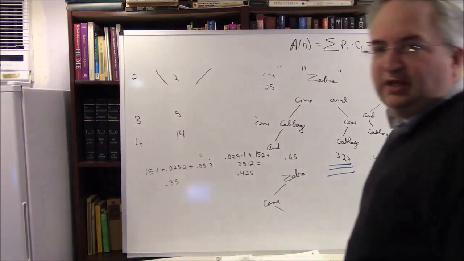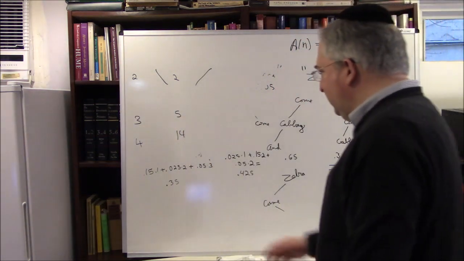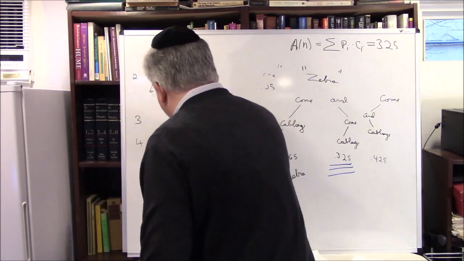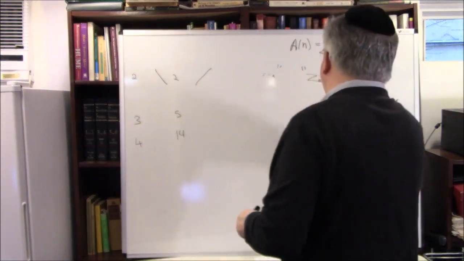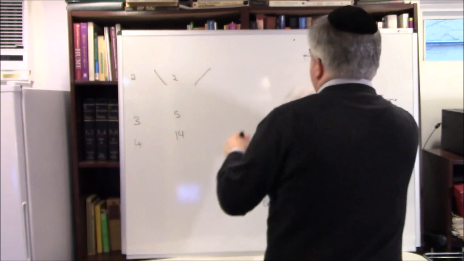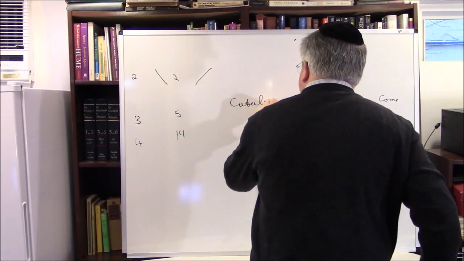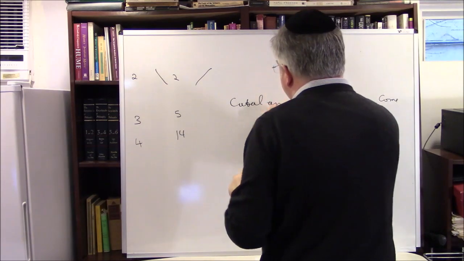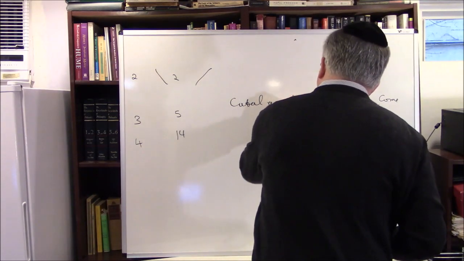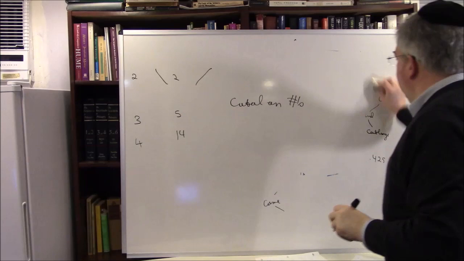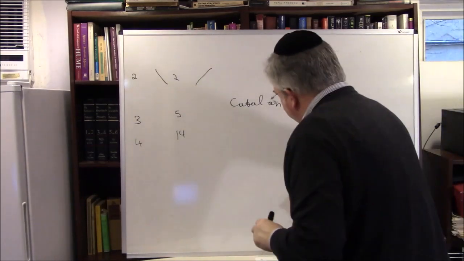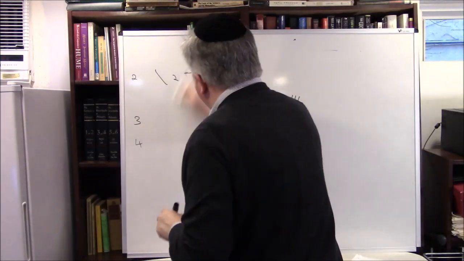Did we see these numbers before? And the answer is yes. Okay. These are what we talked about. Catalan numbers. We gave the formula for them last time, but it's not important because we're not going to deal with it.